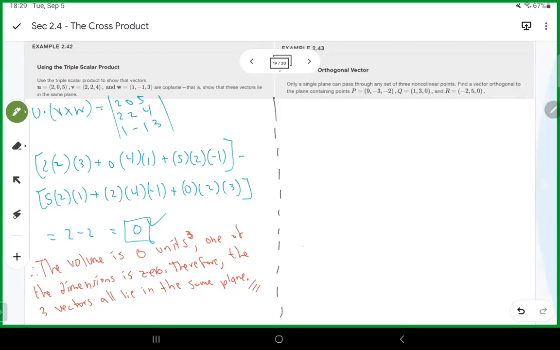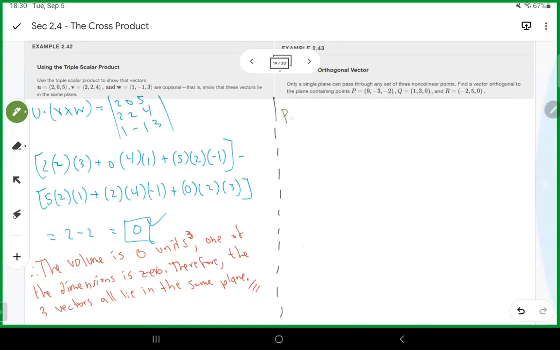All right, so the second question on this slide is saying only a single plane can pass through any set of 3 non-collinear points. Find the vector orthogonal to the plane containing the points P, Q, and R. Okay, so the first thing we have to do is figure out what PQ is and PR.